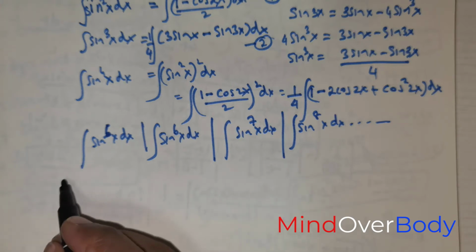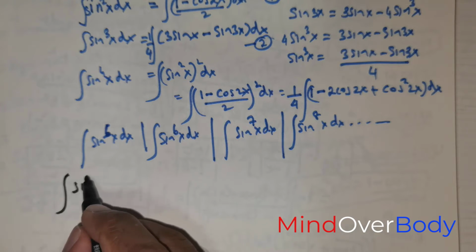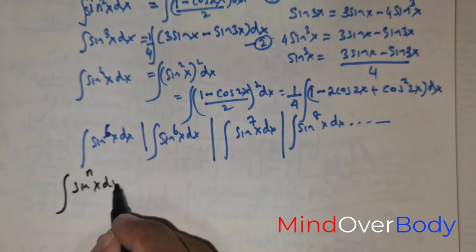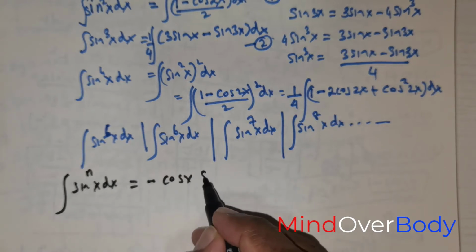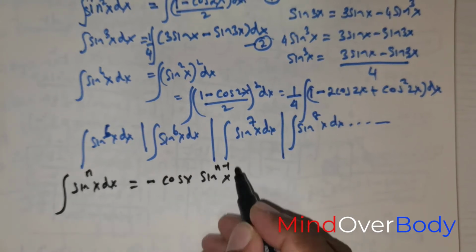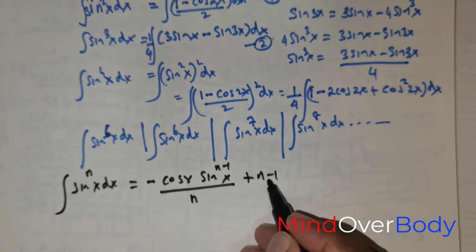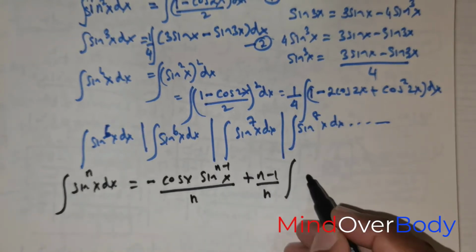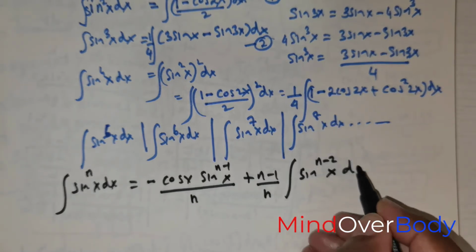So let me write the formula down. If you were asked to integrate sine to the power of n x dx, then the formula is negative cos x times sine to the power of (n − 1) x divided by n, plus (n − 1)/n times the integral of sine to the power of (n − 2) x dx.